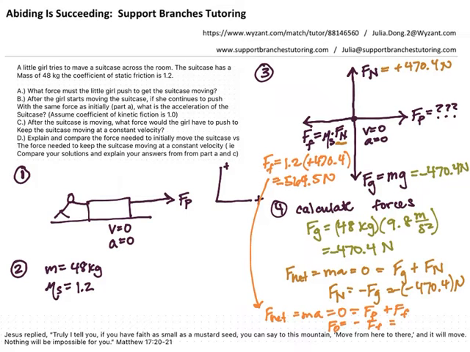And again, we would have negative 564.5 newtons, which is positive 564.5 newtons. So the force that this little girl has to push on the suitcase to get it moving would be 564.5 newtons. Okay, so that is our answer for part A. The force that the girl has to push the suitcase to get it moving.